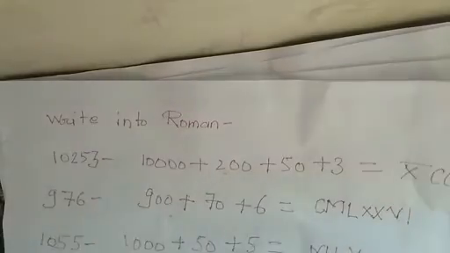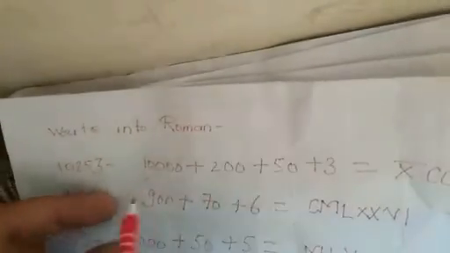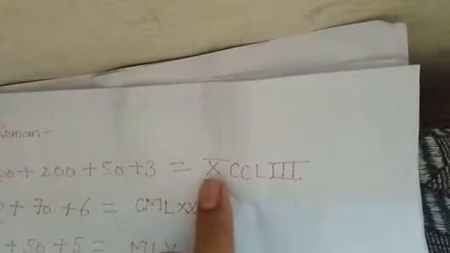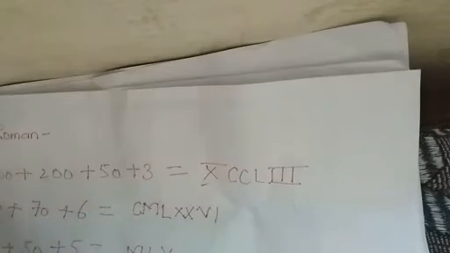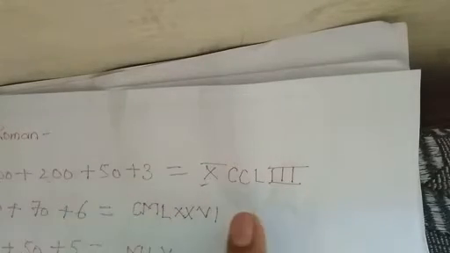So at first you write the Roman number of 10,000. How will you write 10,000? At first you write X, the symbol of 10, and after that you indicate a bar. X with a bar will show 10,000. Why?